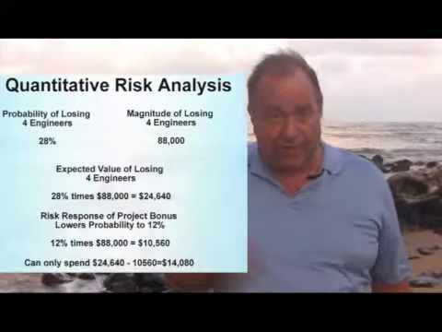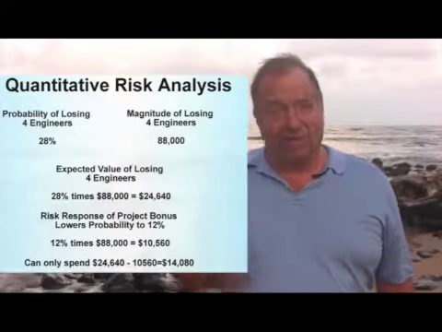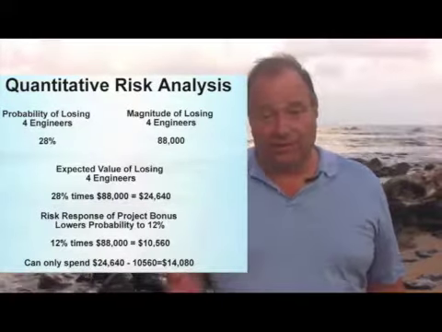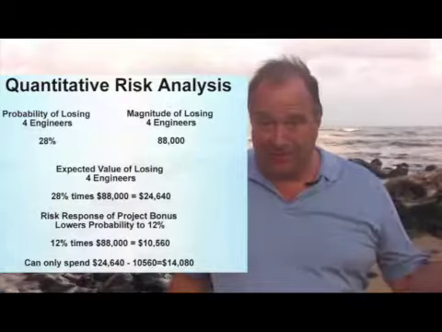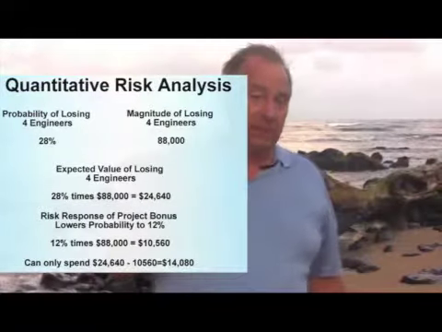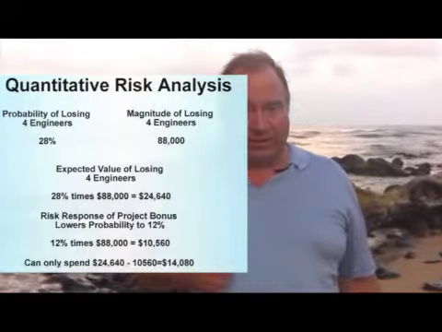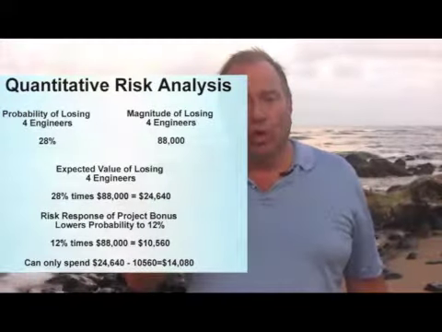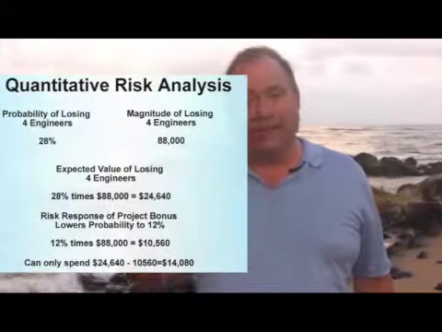And that $33,000 is a very important number, because we absolutely do not want to spend any more than that to avoid this risk. This expected value is only $33,000, so spending $50,000, we're wasting money. And in fact, we only want to spend anywhere near $33,000 if we can totally make that risk go away.